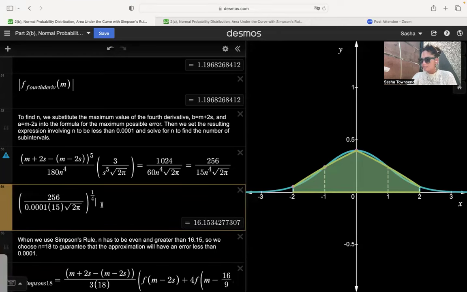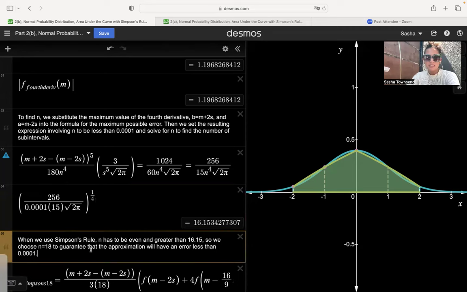So if we do that calculation, we see that our n value has to be greater than approximately 16.15. And our n value needs to be even. So the smallest n value that's greater than 16.15 that's even is 18. So if we use n equals 18 subintervals, then we'll have an error less than 0.0001.